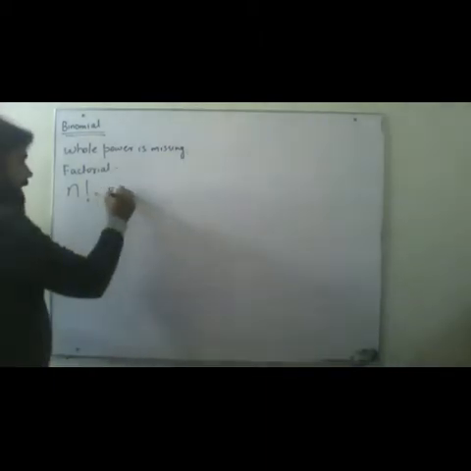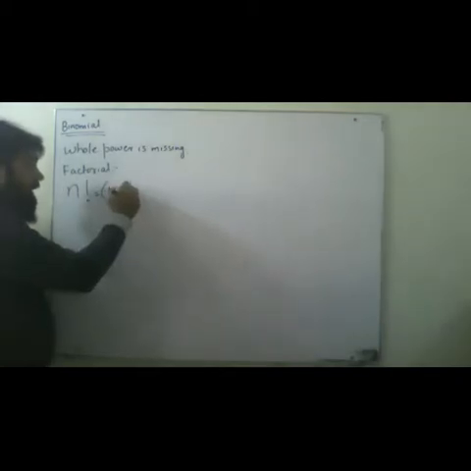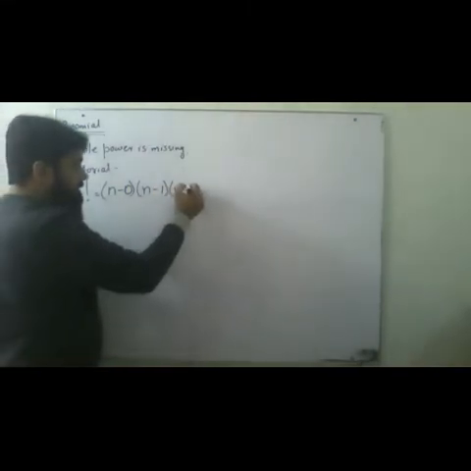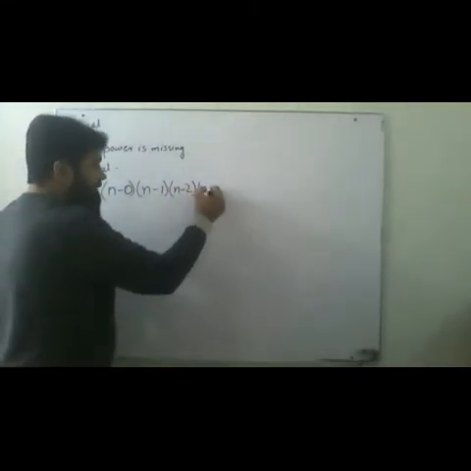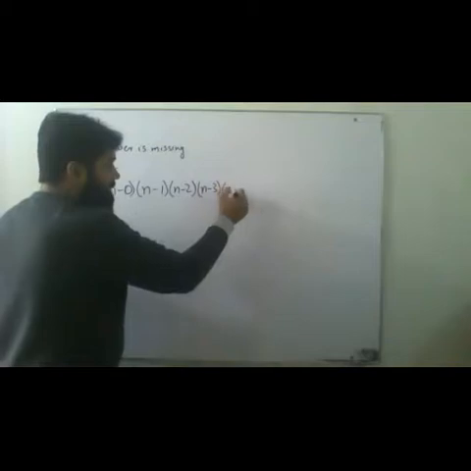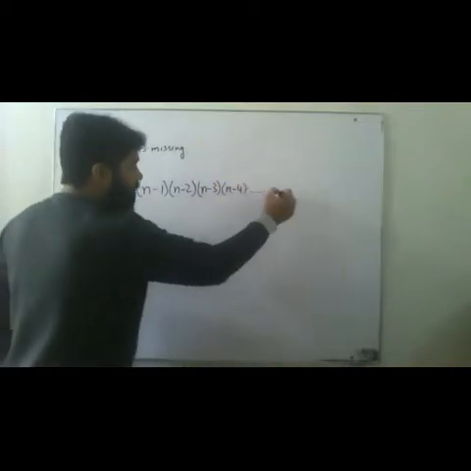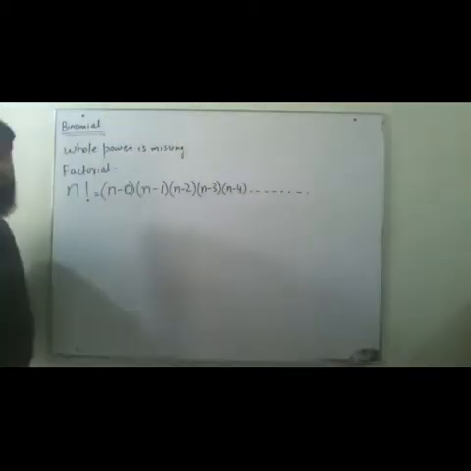I will write n minus 0, then n minus 1, then n minus 2, n minus 3, n minus 4, and that will go on till infinity. Okay, the way we were doing 7 factorial or 5 factorial, the same way I'm going to do this one.